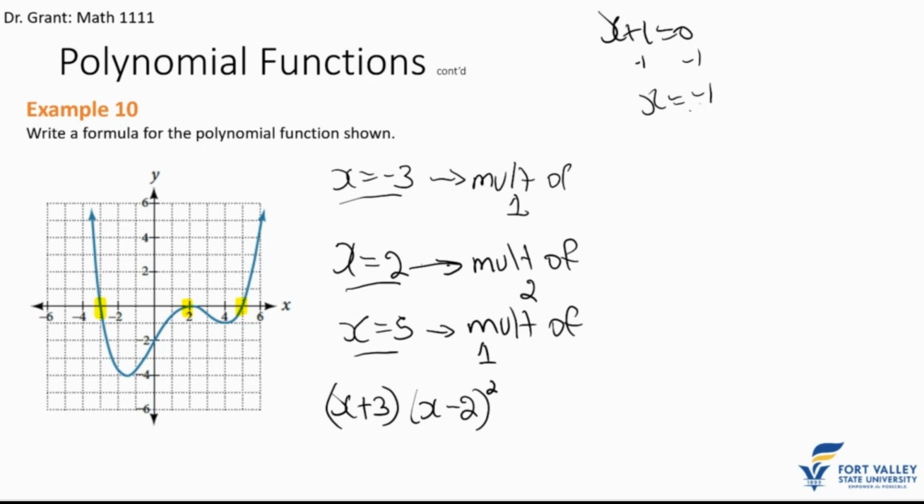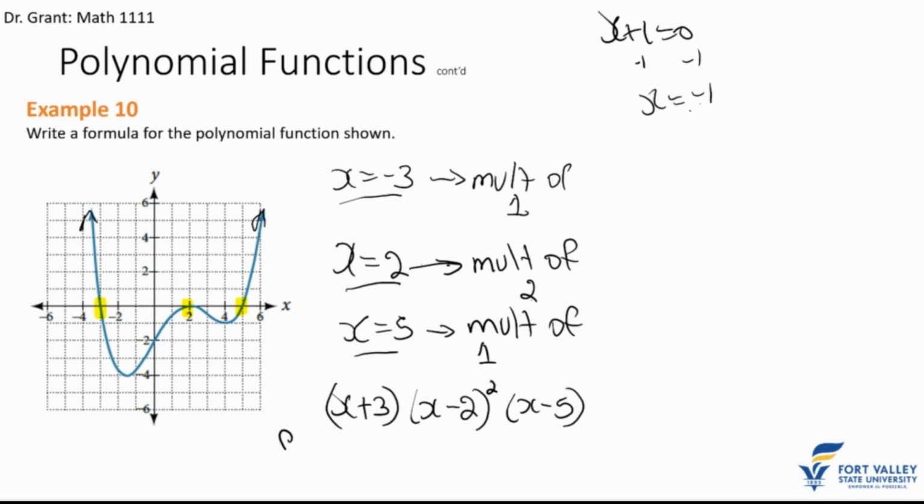Here we have a positive value, so this will be x minus 5. And there we go. Notice that this is in line with the fact that both endpoints are up. That means this must have an even degree, which it does: 2, 3, 4. So we have even degree.